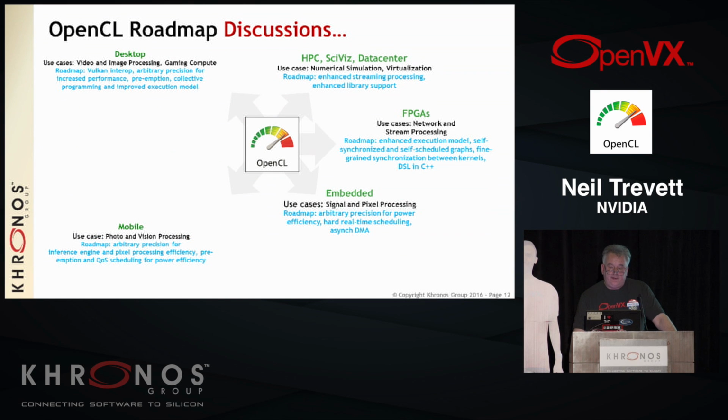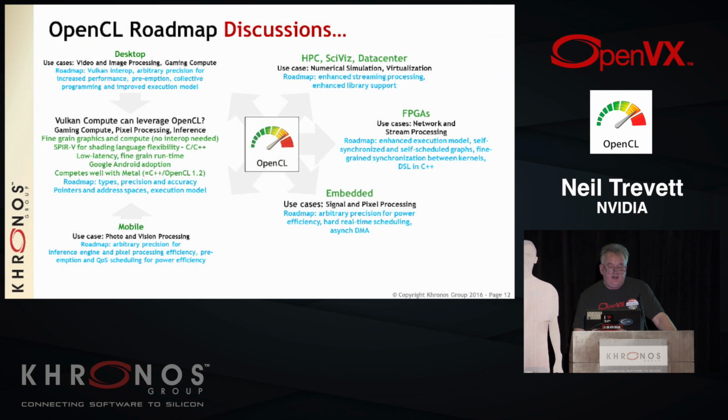Some of the roadmap discussions on OpenCL, we're looking at some of the use cases: scientific visualization up in the cloud, FPGAs, embedded, desktop and mobile are the areas that are using OpenCL. And we're looking to see how should we and can we coexist with Vulkan? Should we bring some of the OpenCL capabilities into Vulkan? Vulkan already has the compute queues. I think Vulkan soon is going to be supporting C and C++ through SPIR-V, perhaps as kernel shading languages.